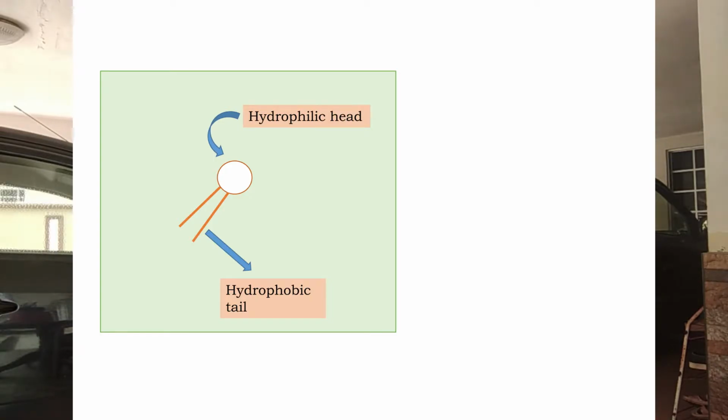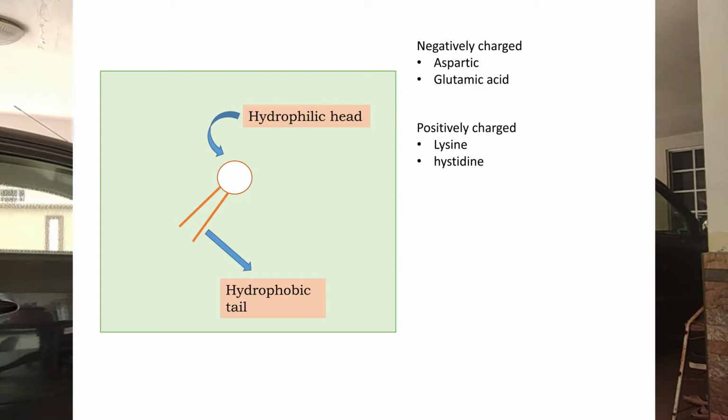The head can be composed of either negatively charged aspartic and glutamic acid or positively charged lysine or histidine. The tail consists of amino acids such as alanine, valine, or leucine.